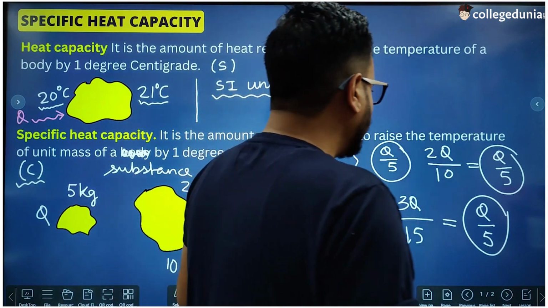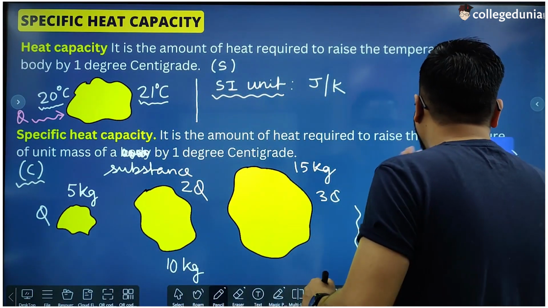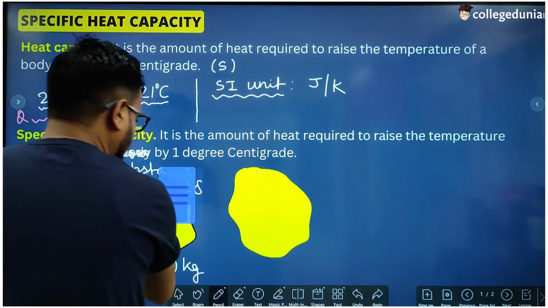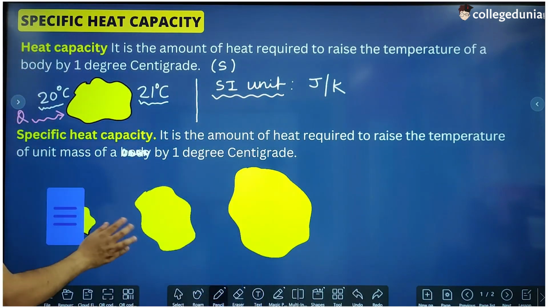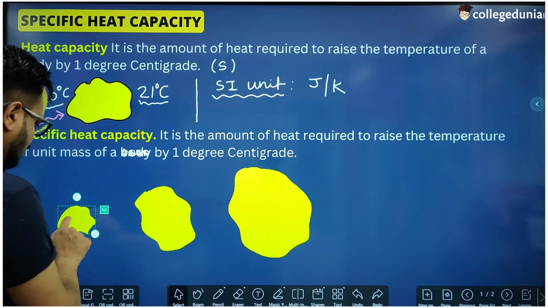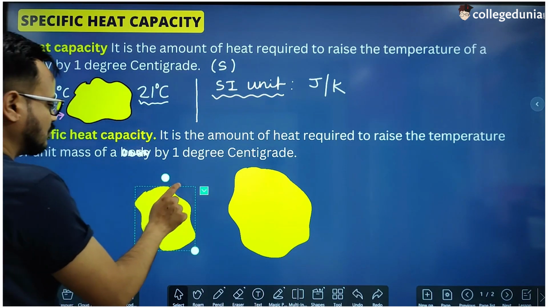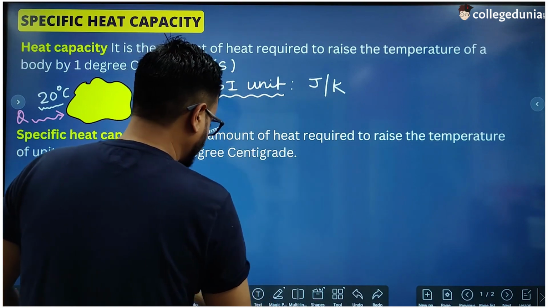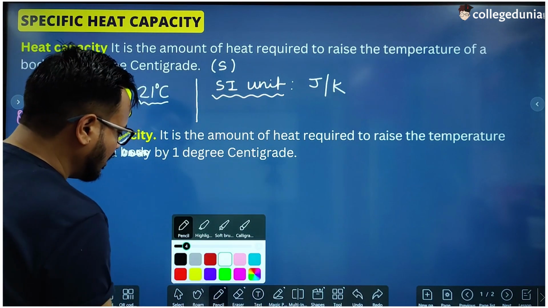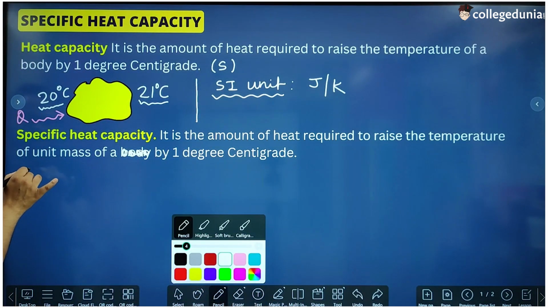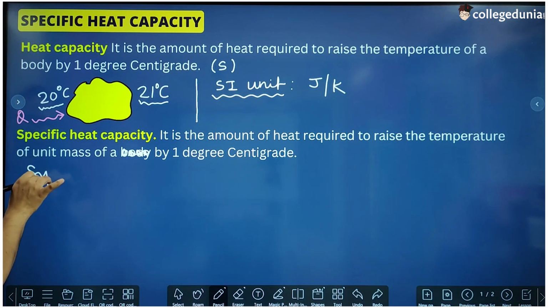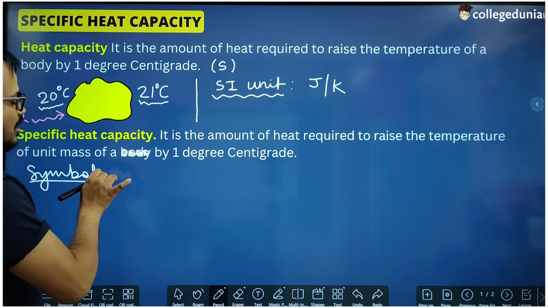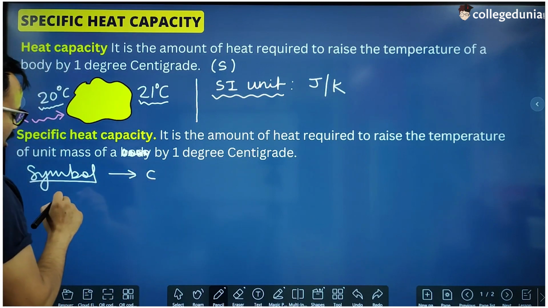For example, the specific heat capacity of water. The symbol of specific heat capacity is small c.